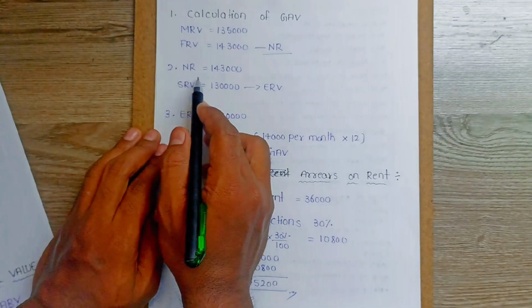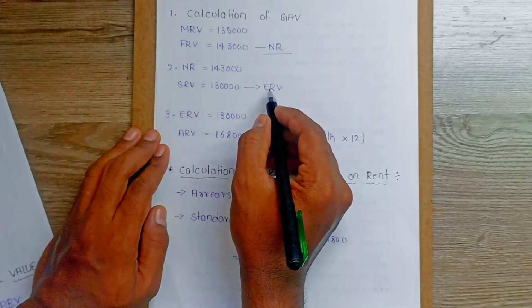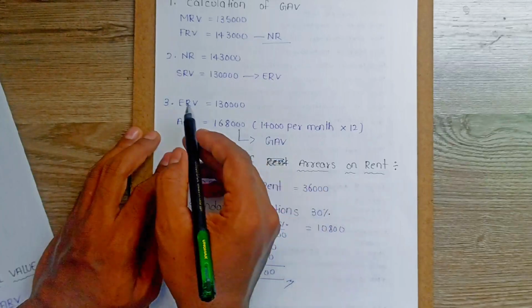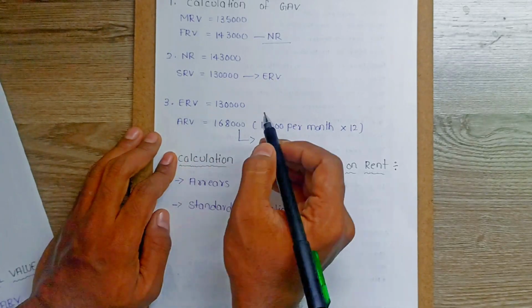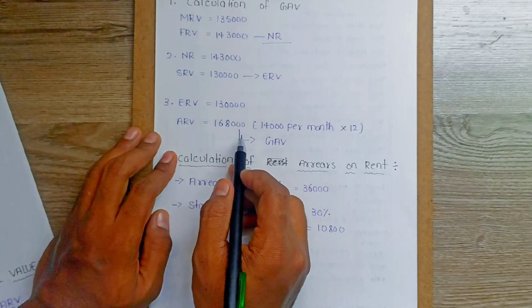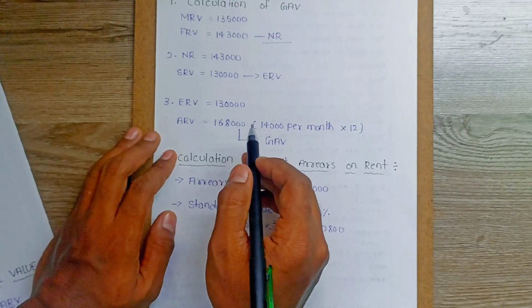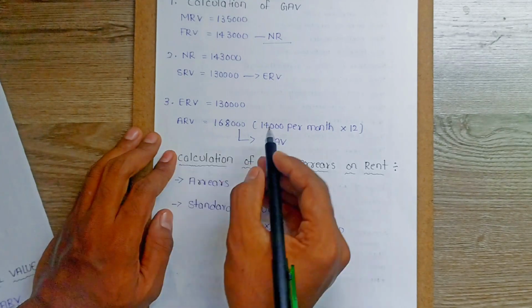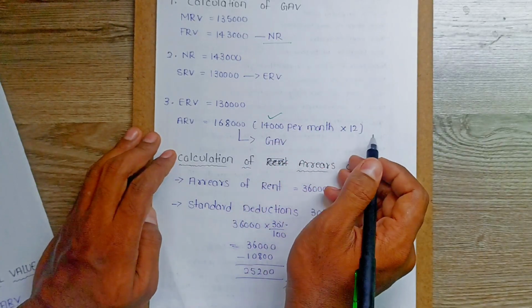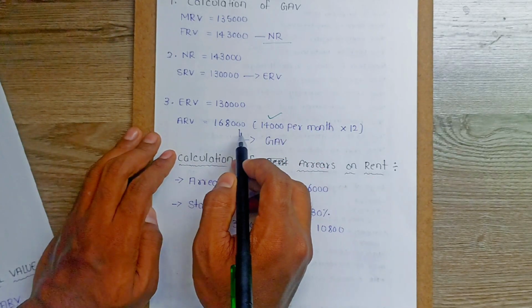And here NR and SRV, whichever is lower, that is ERV. And to find the GAV, ERV and ARV, whichever is higher. So here 1,68,000 is the higher. To calculate ARV, the 14,000 per month into 12 months is equal to 1,68,000.